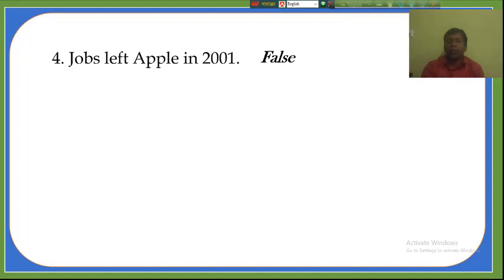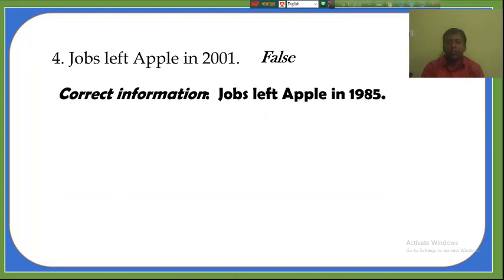Now, the correct information: Jobs left Apple in 1985. Number 5. Jobs was a visionary. Is it true or false? Fine, it is true. Jobs was a visionary. Thank you.